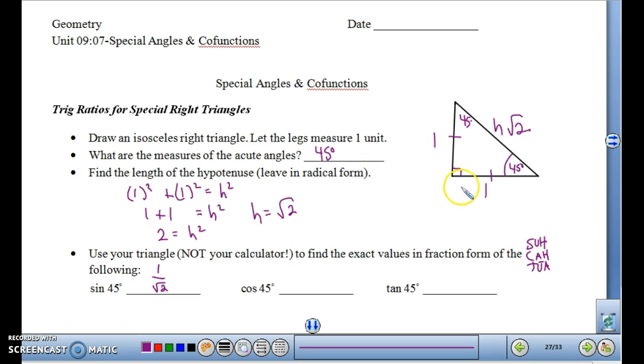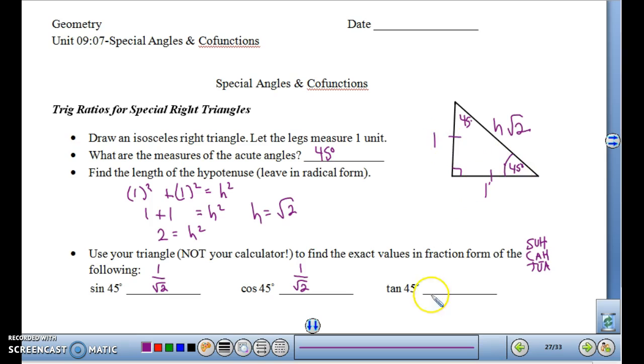The cosine of 45. Use either angle, doesn't matter. Cosine of 45 will also be 1 over the square root of 2 because it's adjacent over hypotenuse. And the tangent of 45, if I take this angle or this angle, doesn't matter, opposite over adjacent.